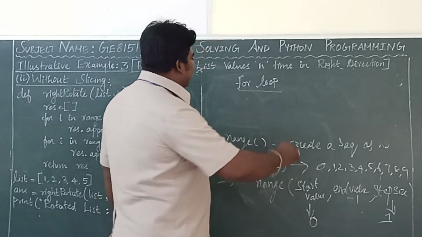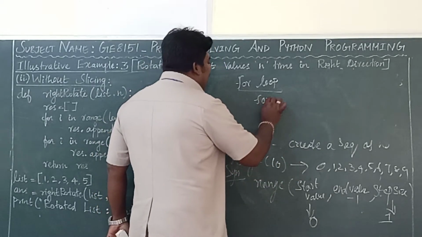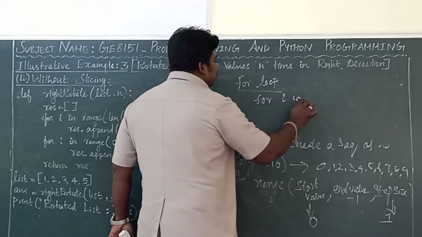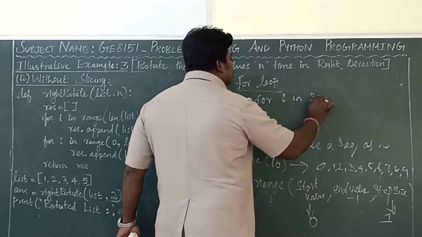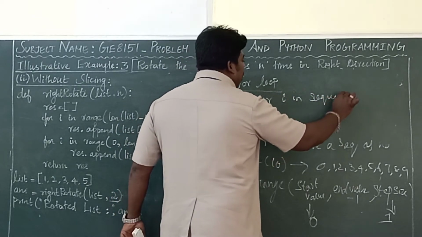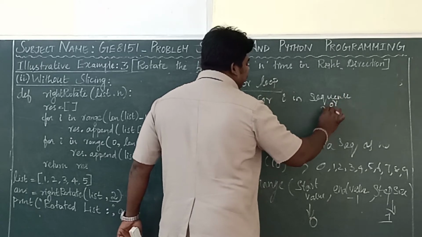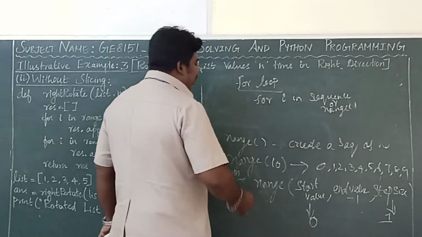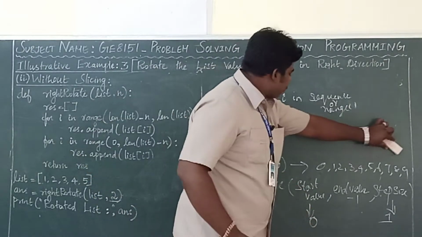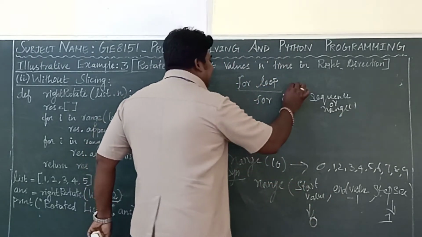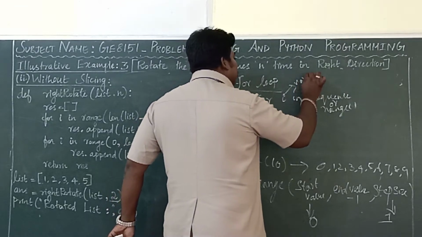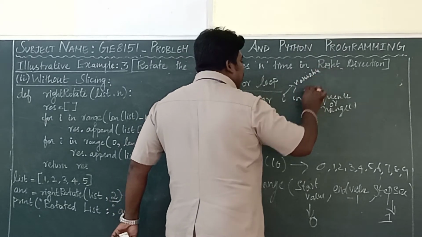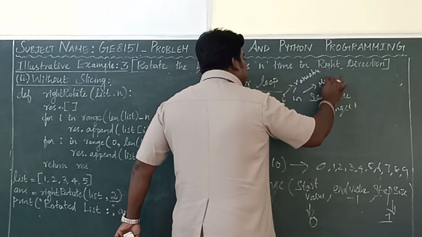The for loop syntax is: for i in, here we can use a sequence or the range function. Here this i is a variable. In is a membership operator.